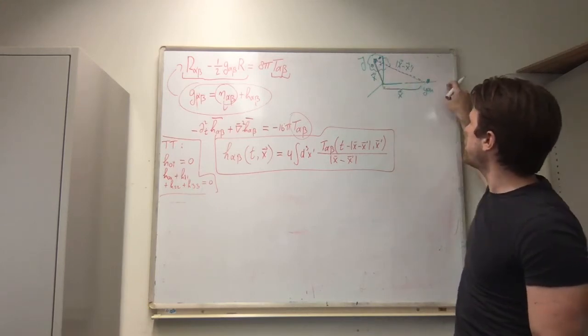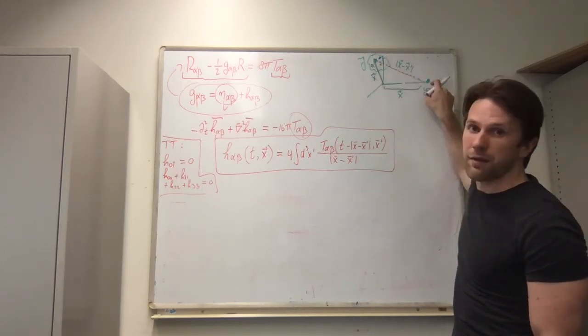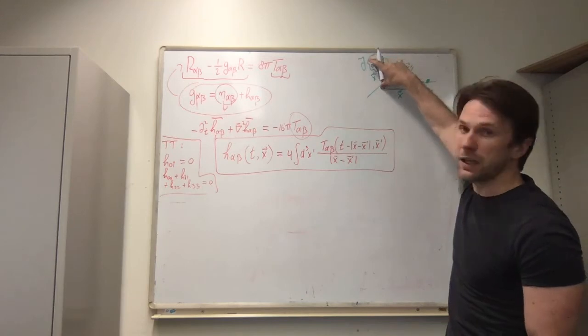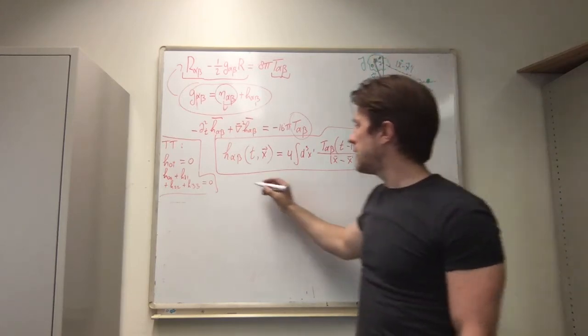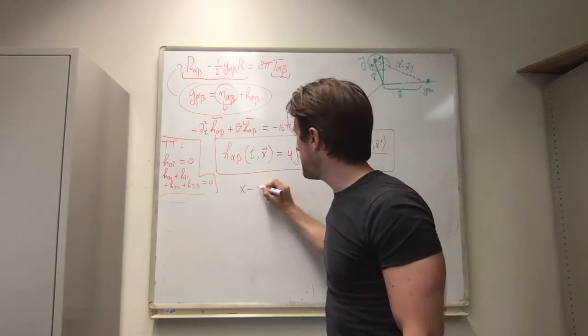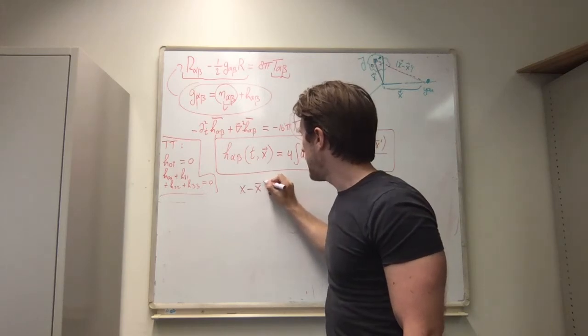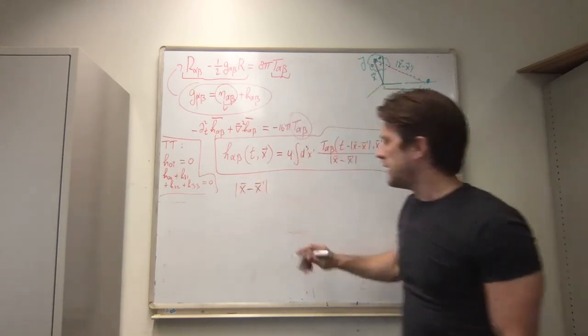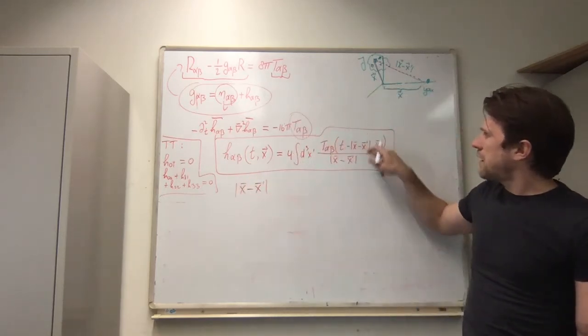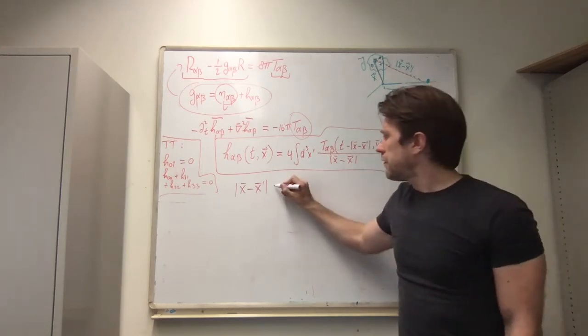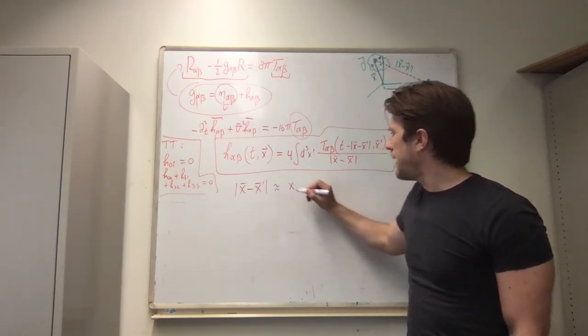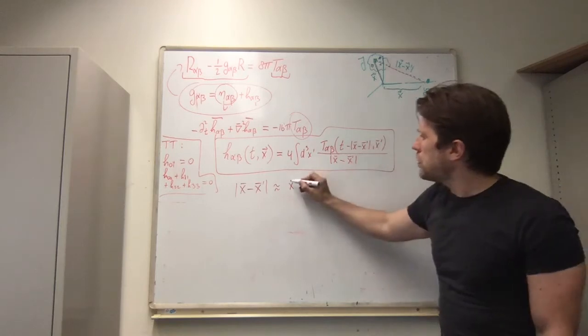If you just go far enough away, this has become a very big number, this has become, in comparison, a very small number. In other words, the approximation of us being very far away means that this thing, that is somewhat ubiquitous in our expression here, is well approximated just by you, where you are.